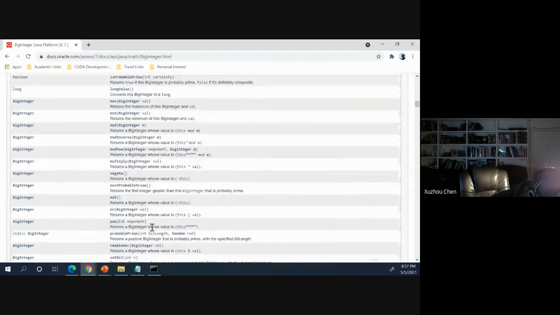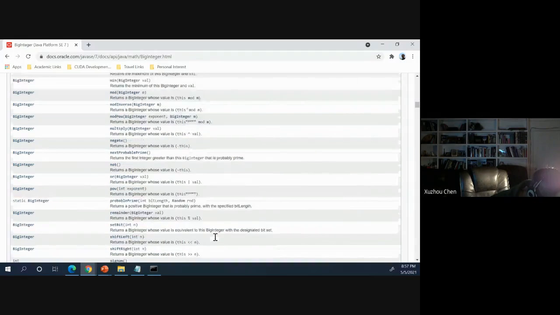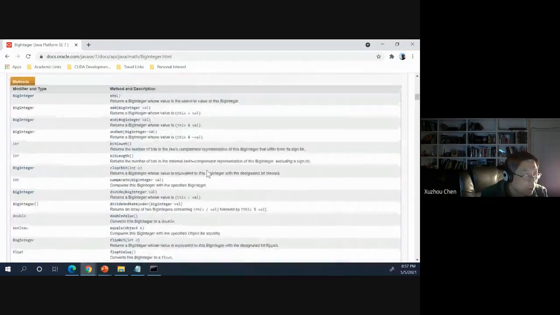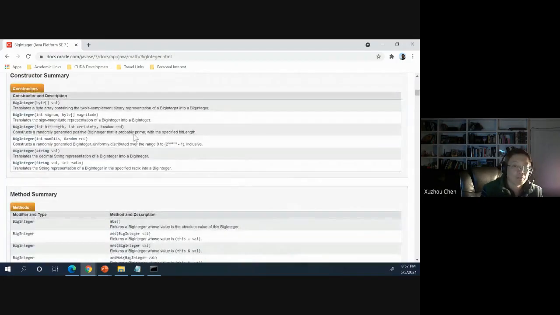You can perform a lot of different operations, and probable prime is a method you can use to find out whether a number is a prime number. There are lots of methods you can use with BigInteger to deal with extremely huge numbers. So that's basically what we do.